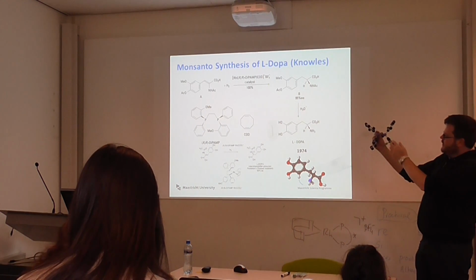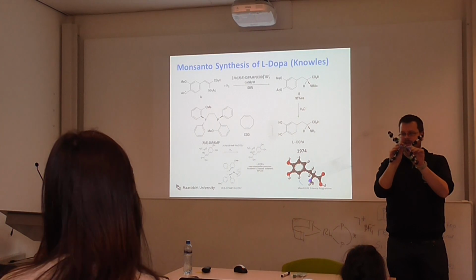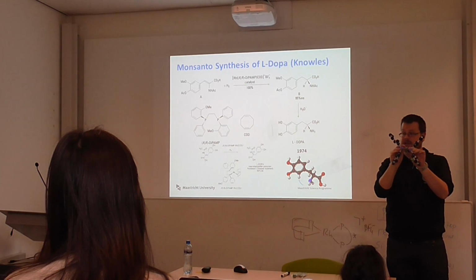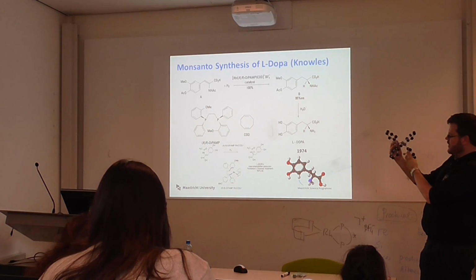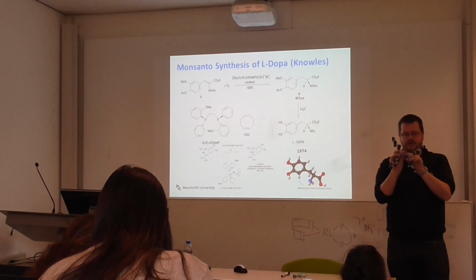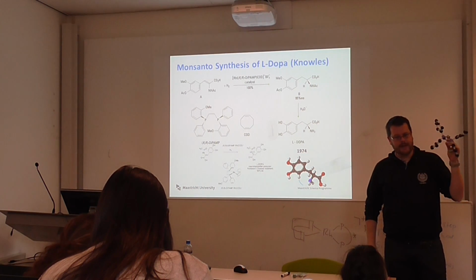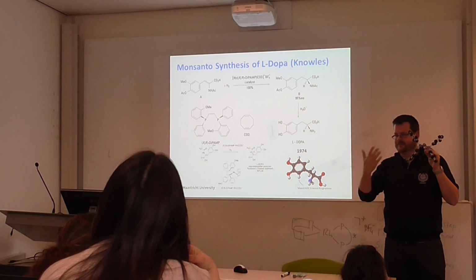But you can see that these rings are conformationally locked in this configuration, right? And because they're conformationally locked, because we have these groups here, these OMe groups, these methoxy groups, okay? And you will see now how this actually works in a moment.